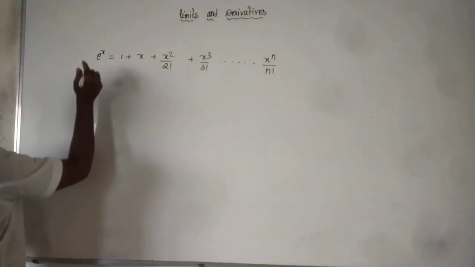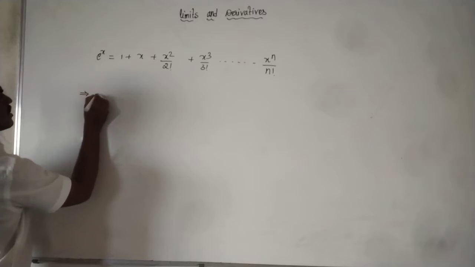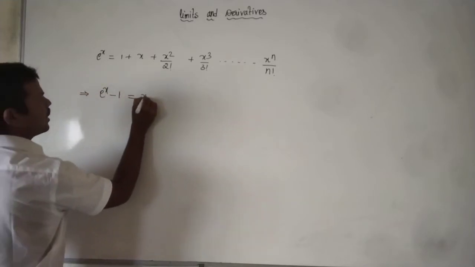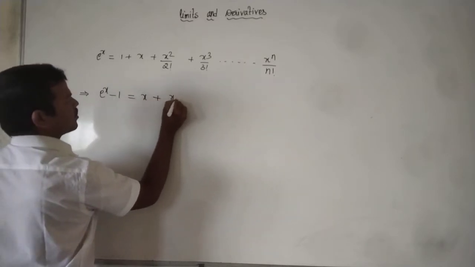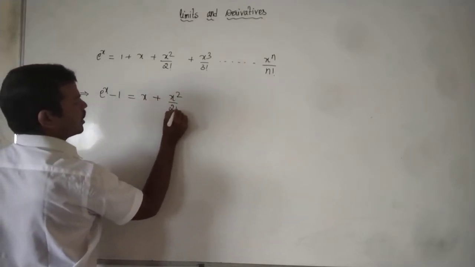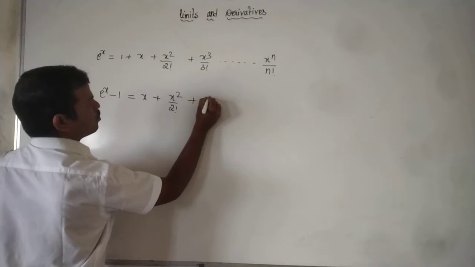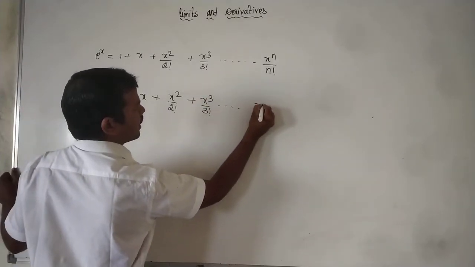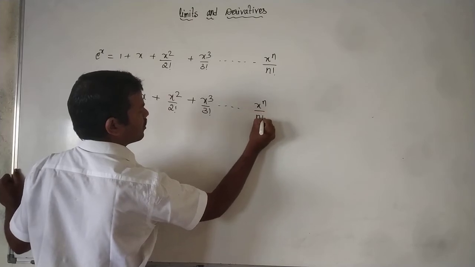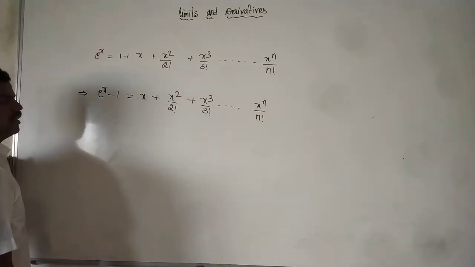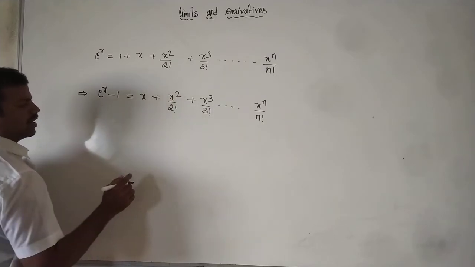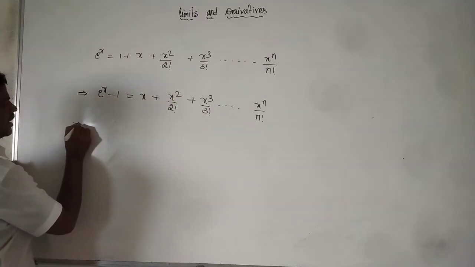I will bring the 1 to this side. What happens to this series? E raised to x minus 1 is equal to x plus x square by 2 factorial plus x cube by 3 factorial, and so on up to x raised to n by n factorial. Now suppose I divide both sides by x, what happens?